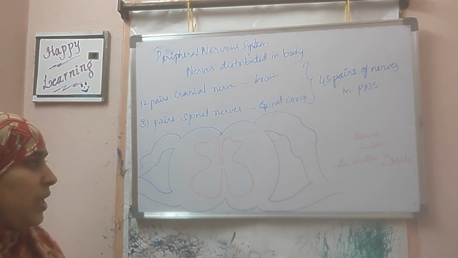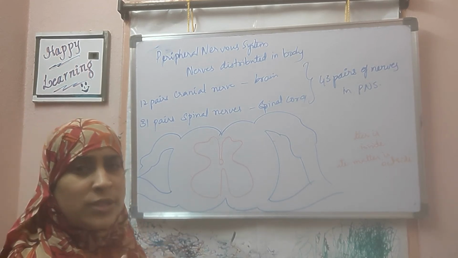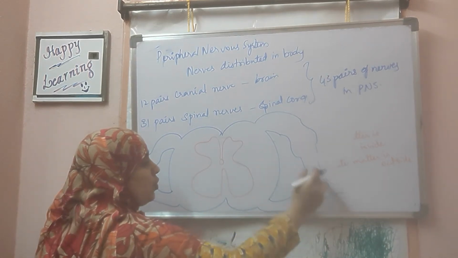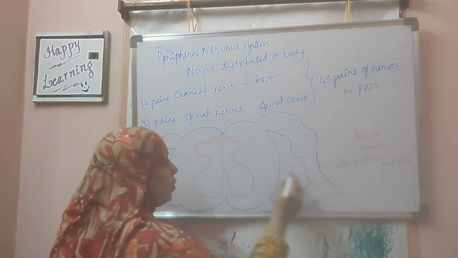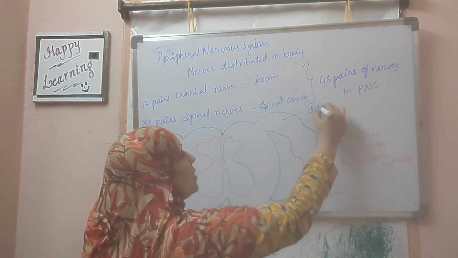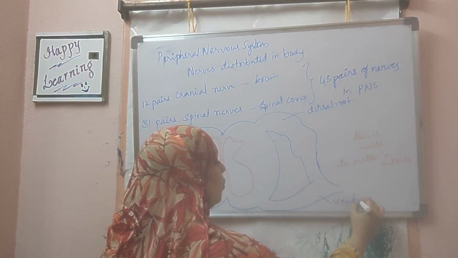When we observe the peripheral nervous system, you should start looking from the spinal cord TS only. There are two horns like this, and two roots are present. This is called the dorsal root and this is called the ventral root.